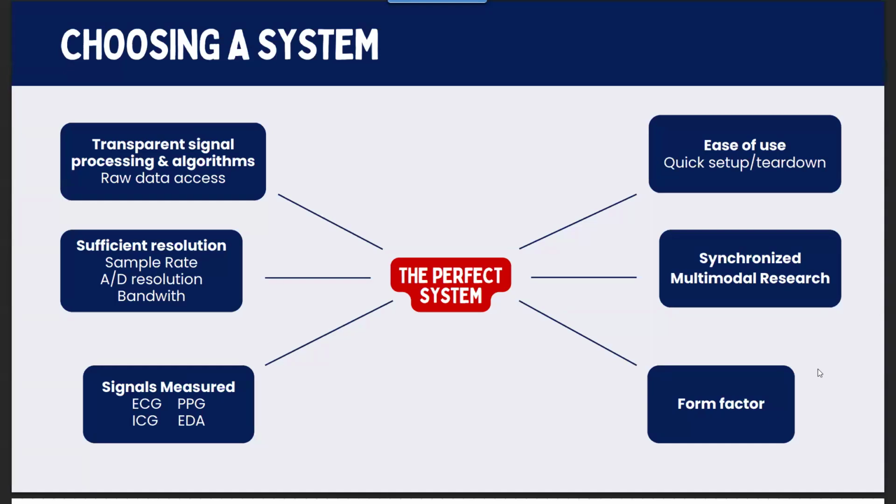It may be much more likely that a PPG device is going to give you the best form factor and the easiest use in order to collect more continuous data or data from multiple participants within the same setting.